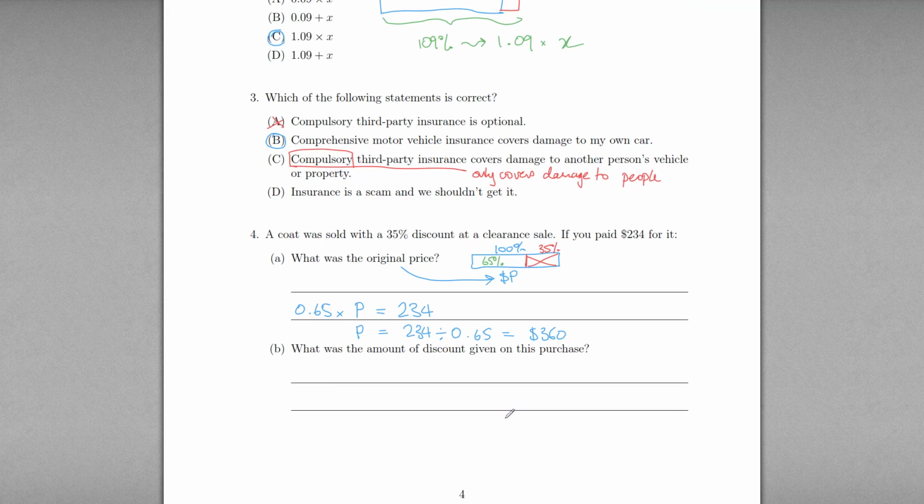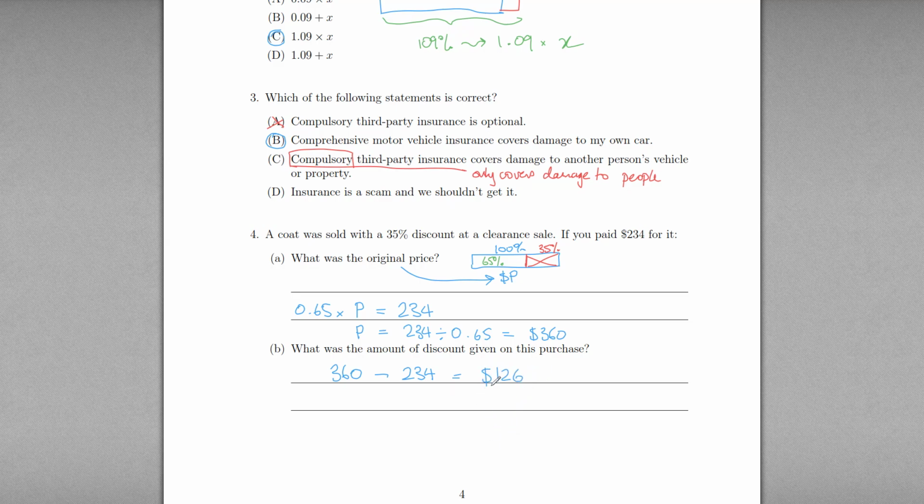Okay, what was the amount of discount given on this purchase? Well, we're just going to see what's the difference between what I paid and what the price was. So it used to be $360. I only paid $234. So what's the difference? What discount did I get? So I subtract that, and I get $126 discount.